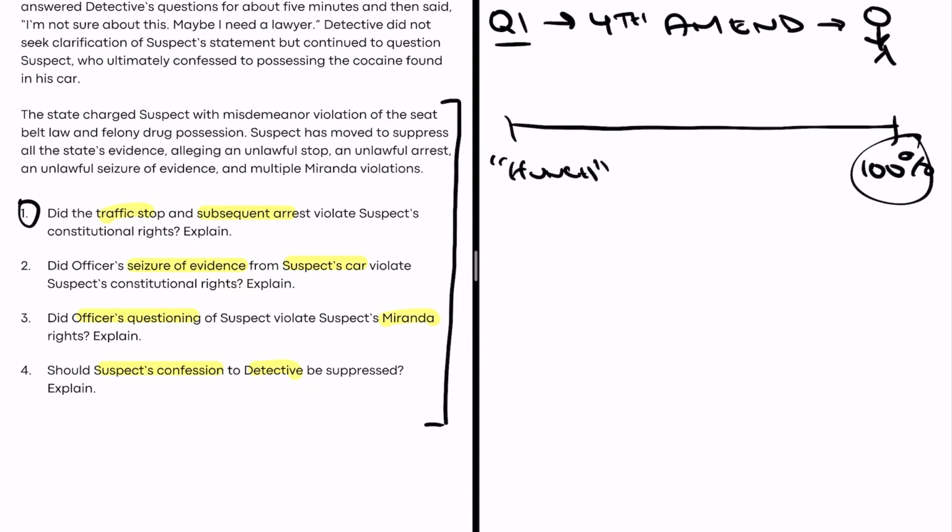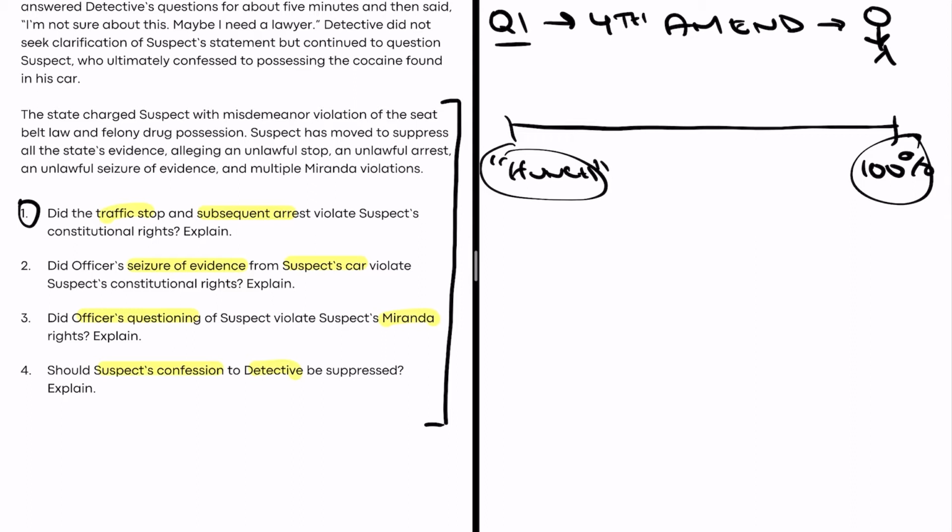On the lower end, something like a hunch would be the police officer has a hunch that criminal activity might be afoot. The key to recognize on this spectrum is that under the Fourth Amendment, the police can't just stop people and arrest people for no reason or based on a hunch, based on no articulable facts.